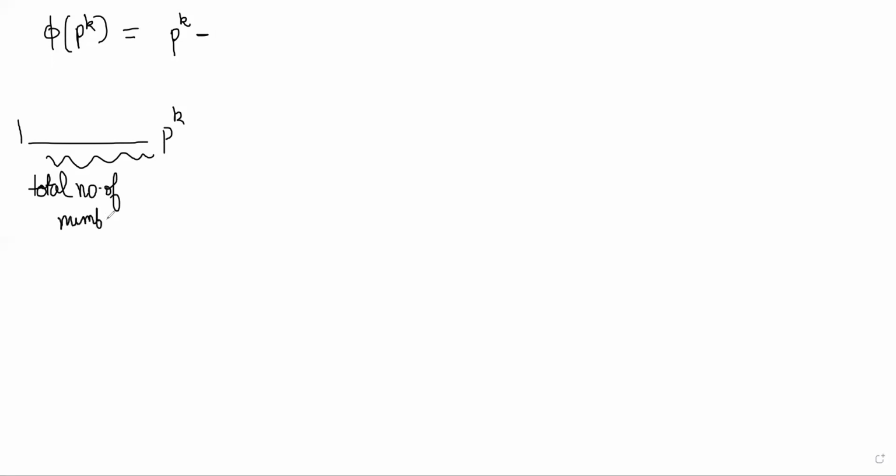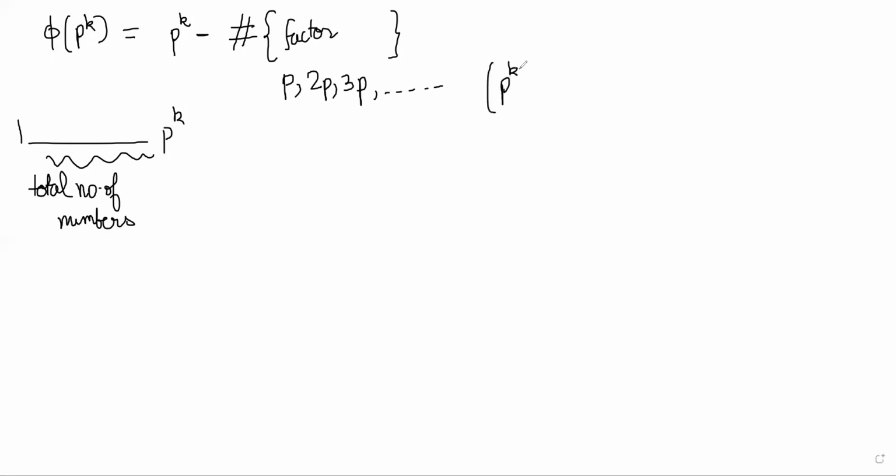We count p, 2p, 3p, until p to the power of k, so the multiples of p number p to the power of k divided by p. Minus all those factors: p, 2p, 3p, and so on till p power k minus 1 into p.